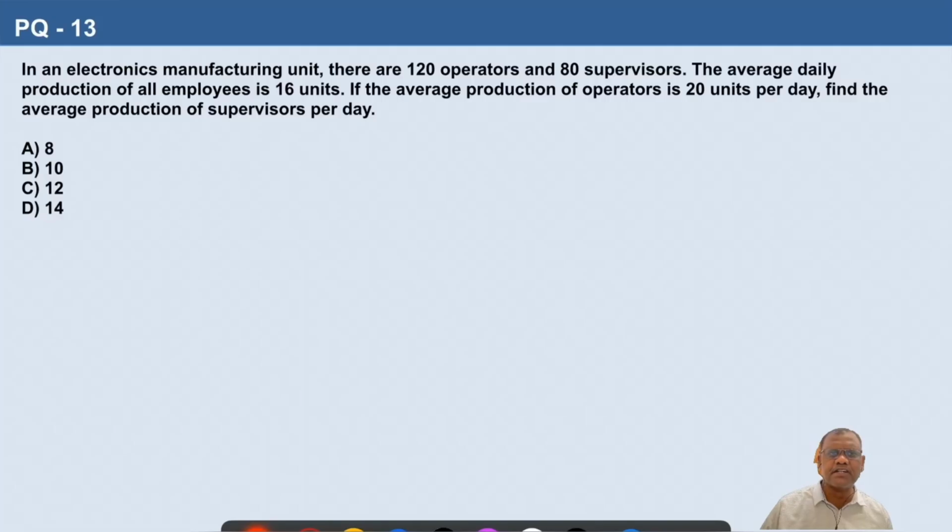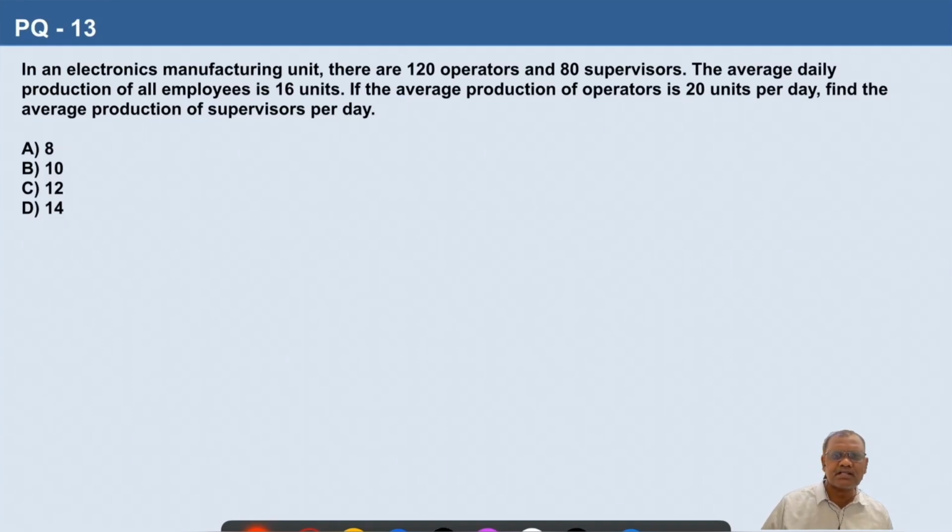Question number 13. In an electronics manufacturing unit, there are 120 operators and 80 supervisors. The average daily production of all the employees is 16 units. If the average production of operators is 20 units per day, find the average production of supervisors per day.